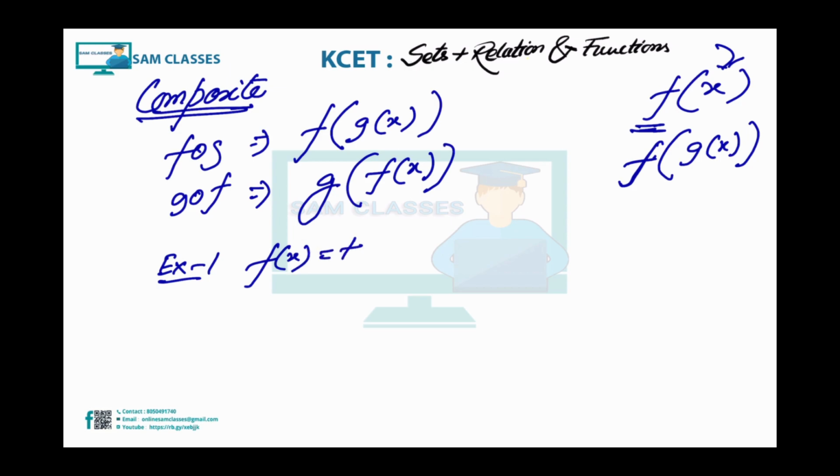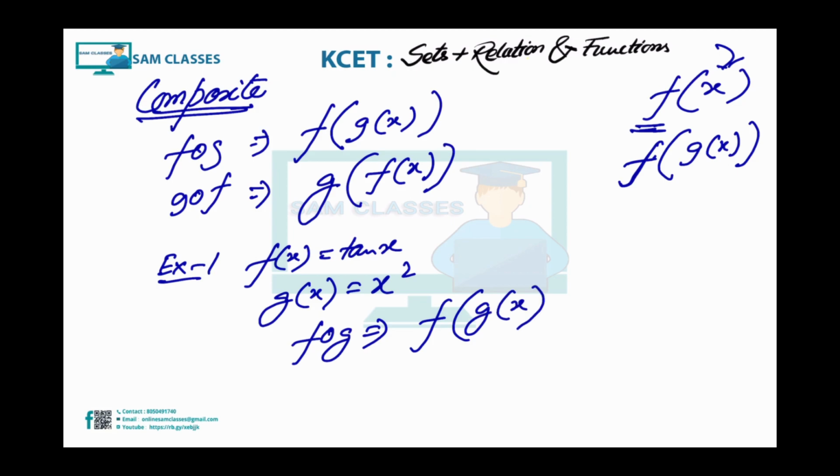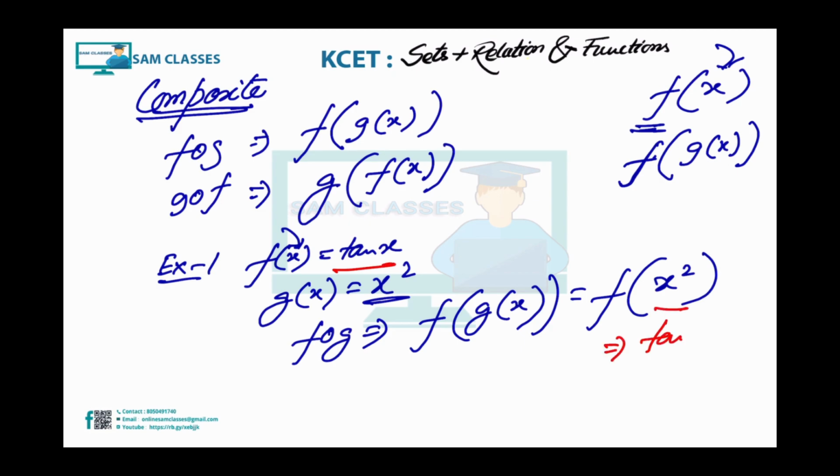f(x) is equal to tan x and g(x) is equal to x square. If you do fog, it's basically in function f you're putting g(x), which is x square. If I'm putting x, I'm getting tan x. If I'm putting x square, what will be the value?